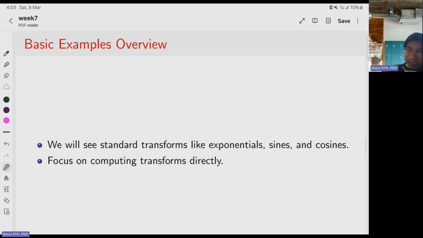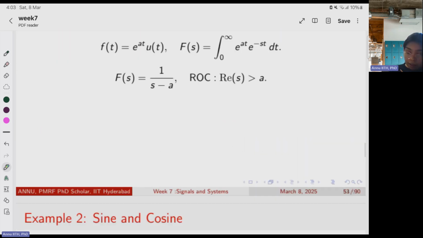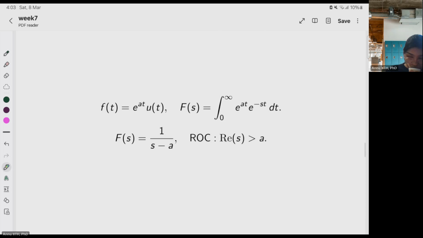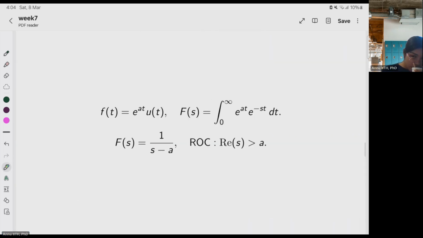So let us have some basic examples over here. We will see the standard transforms like exponential, sines and cosines, focusing on computing the transforms directly. So you have this as of now. What if it is e power minus at u(minus t)?